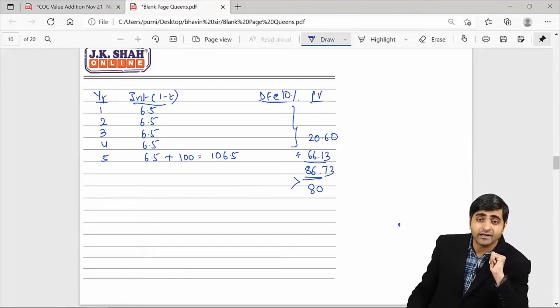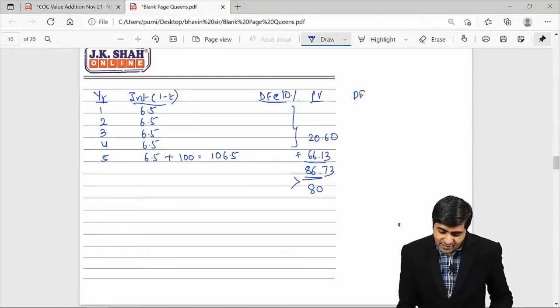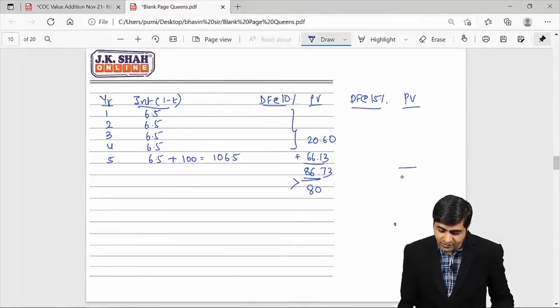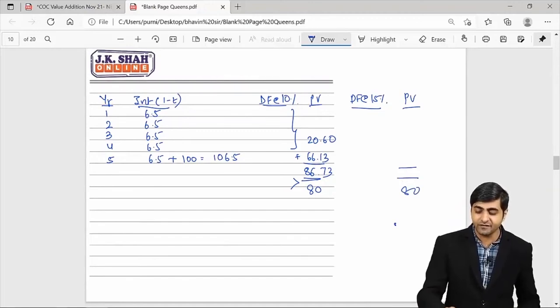And how will you do that? Can I say you will enhance the discounting factor? So let us try this at 15% and let us check at 15% is the present value coming total as 80 or not. So now 1 divided by 1.15.